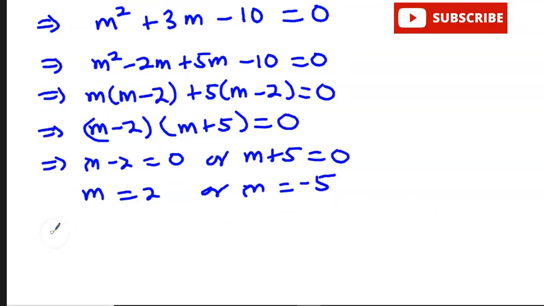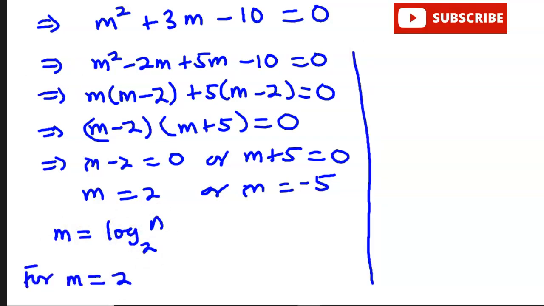But we said that m is log n to the base 2. For m is equal to 2, we have log n to the base 2 is equal to 2. So by definition, n will be 2 to the power 2, which is 4.